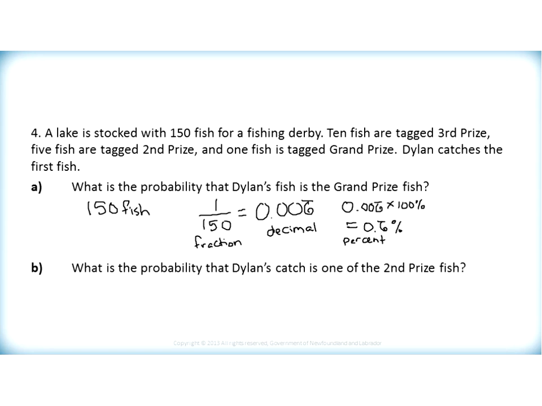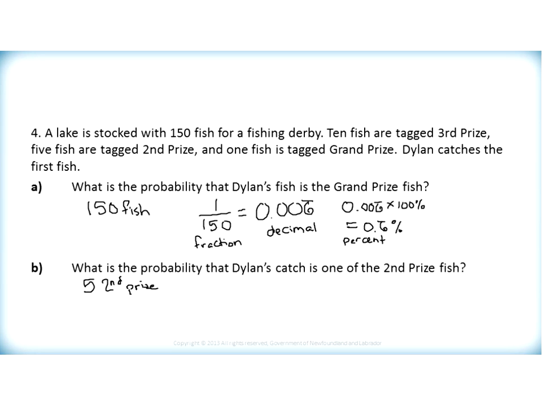What is the probability that Dylan's catch is one of the second prize fish? Well, there are 5 second prize fish available.